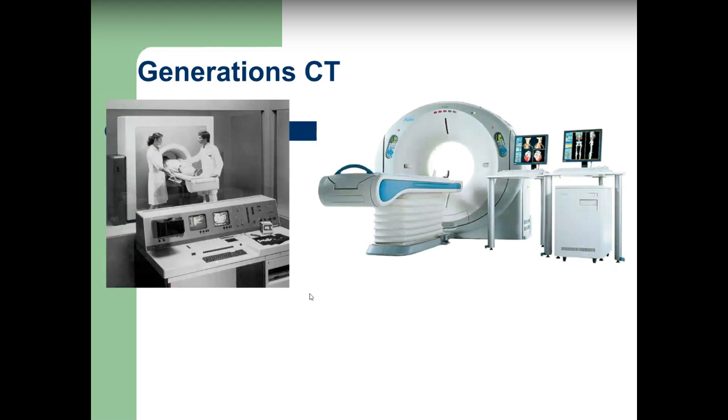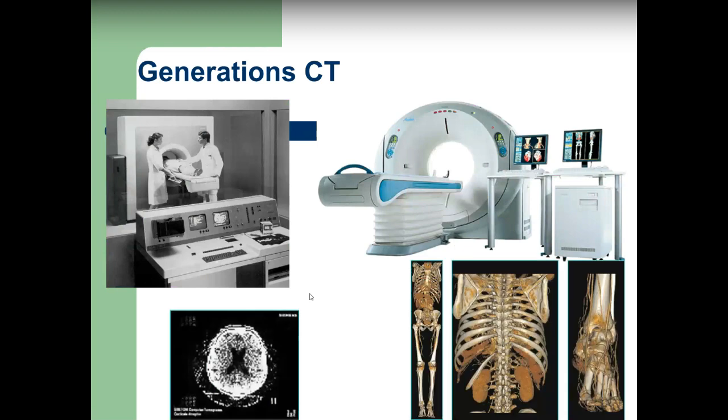These are photos of a modern CT at the right, and one of the first clinical CT scanners at the left. You can see how small the screen was, how old this technique was, and these are examples of medical images that were made by these machines.